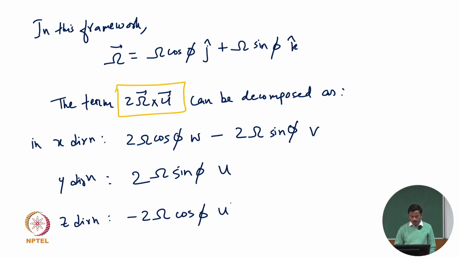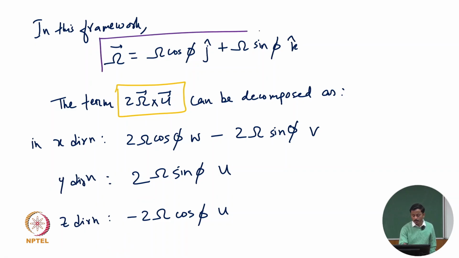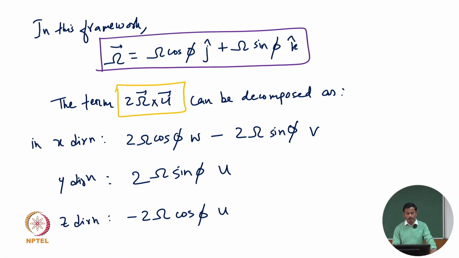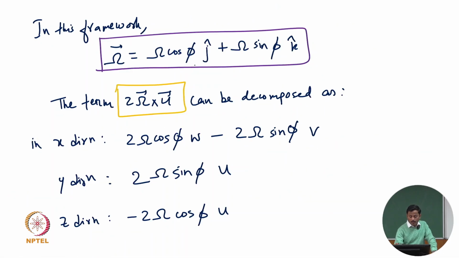This is for you to verify by doing a cross product of omega and u, given that omega lies on the yz plane, there is no component along the x direction, that is the i cap direction. First of all, convince yourself from the geometry that omega has a form like this, and then do a cross product of omega cross u.